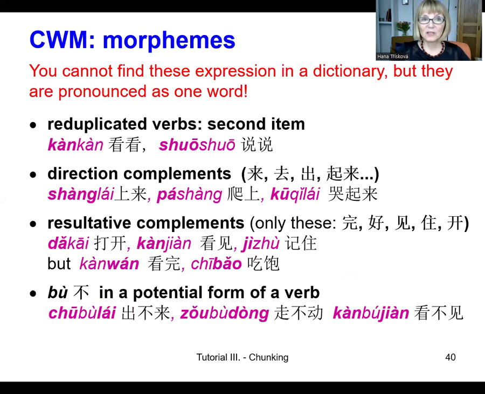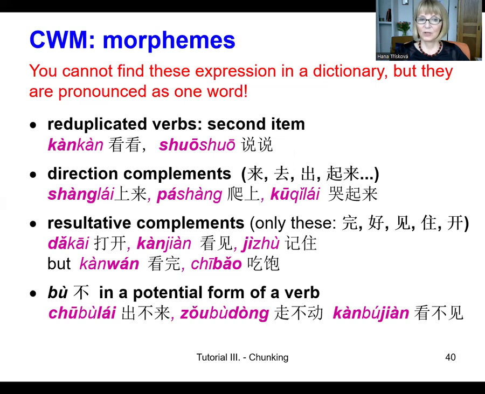On this slide you will find morphemes which are not single words, and the expressions below you would not find in a dictionary, but they are always pronounced as one word. These are reduplicated verbs. The second item is pronounced in a neutral tone, 看看, 说说. Then directional complements, 上来, 爬上, 哭起来.